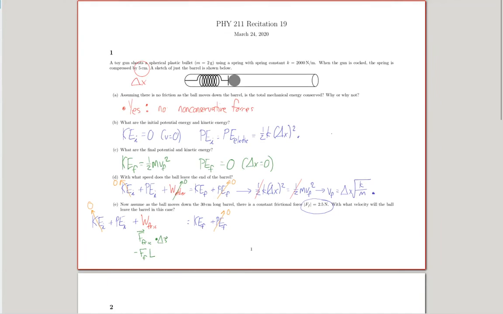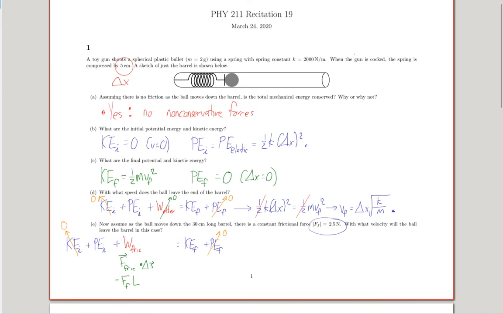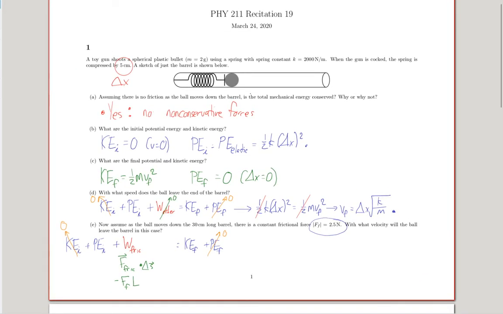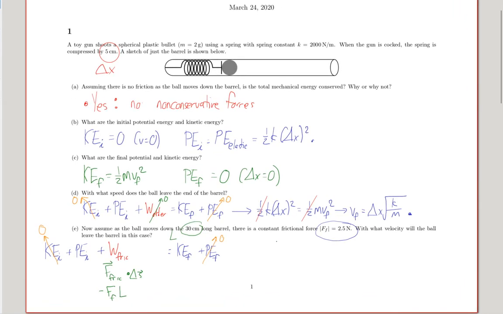This figure up here, that's 30 centimeters, that I'll call L. So the initial potential energy is 1/2 k delta x squared minus the force of friction times the length equals 1/2 m v final squared.